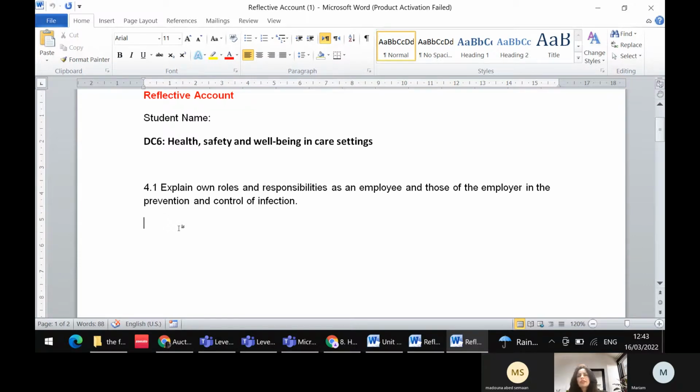Also, I use protective equipment as soon as the employer provides it, like gloves, aprons, face mask. And also I make sure I have the right training that I need, like for all the health and safety, for all the prevention and control of infection.